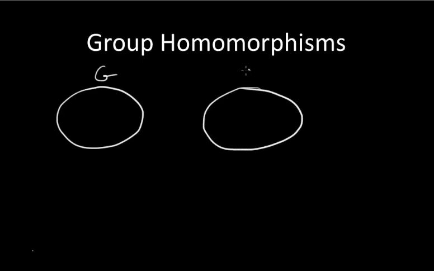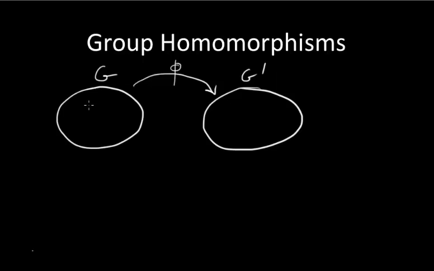Let's say this is G and G prime, two groups, two non-empty sets. I want to define a map from G to G prime. We'll call it phi, and it has to be one that preserves the algebra.